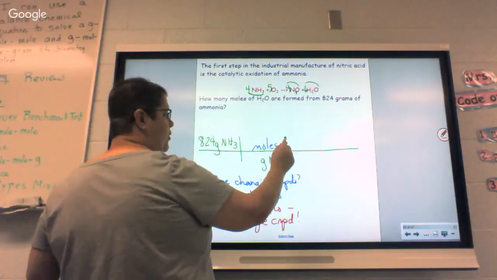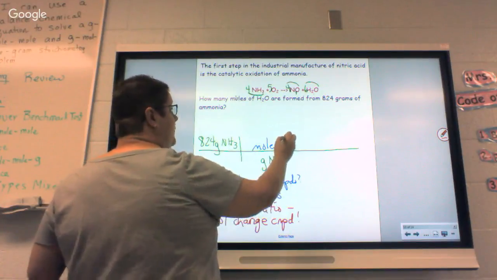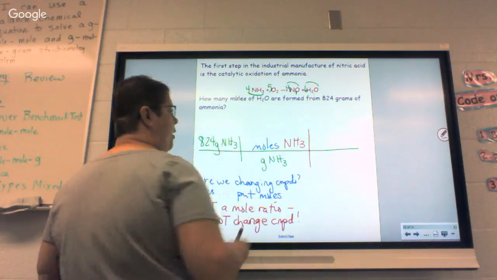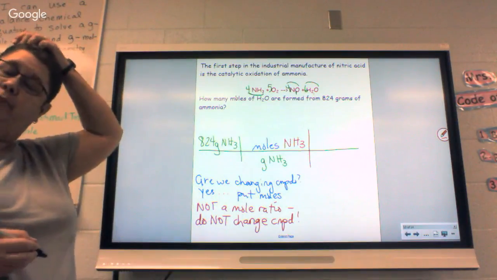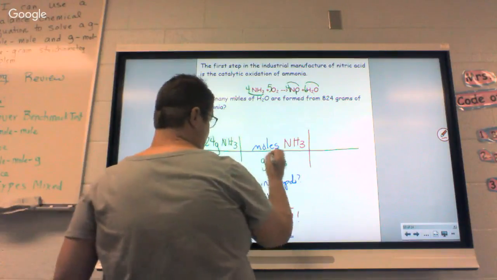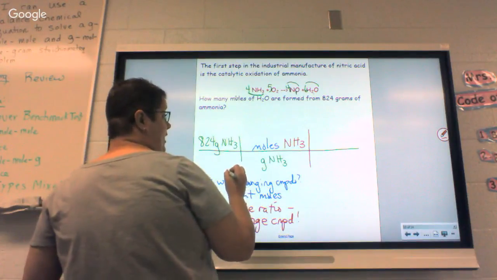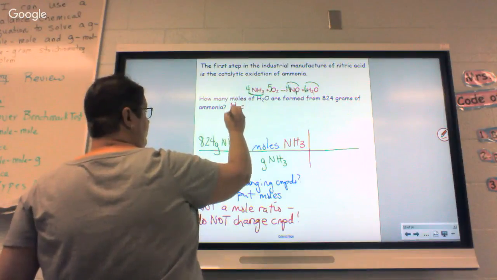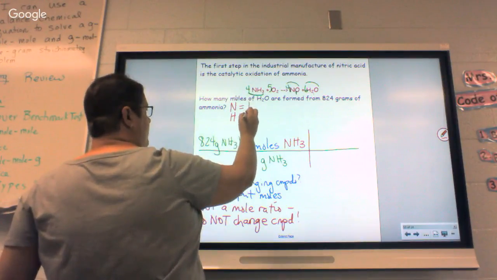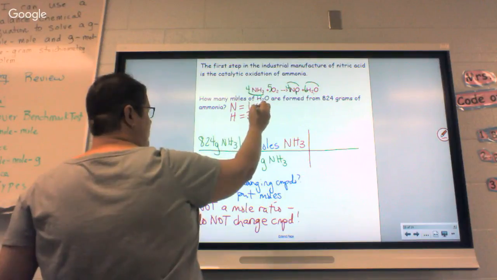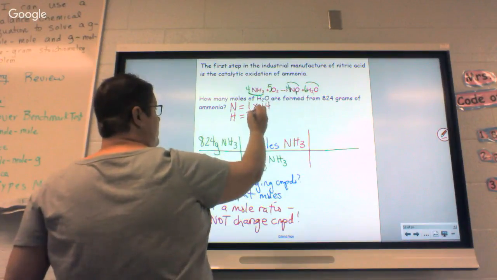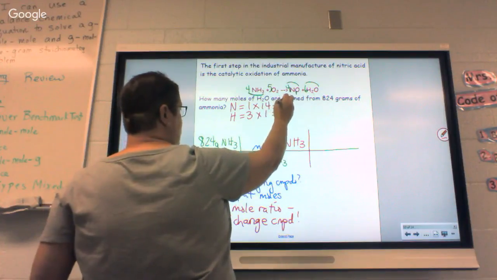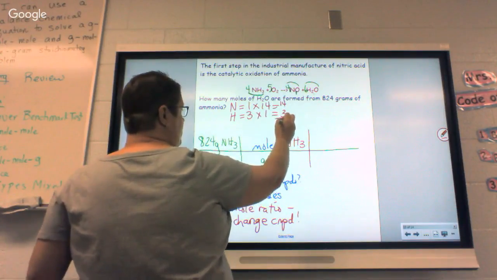So what compound am I putting right back up here? NH3. All right? Now, what goes on the bottom? The formula mass of NH3. How am I going to get that? Okay, so there's 1 N, there's 3 H's, the mass of nitrogen is 14, the mass of hydrogen is 1, so I get 3, I get 14, for a grand total of 17.